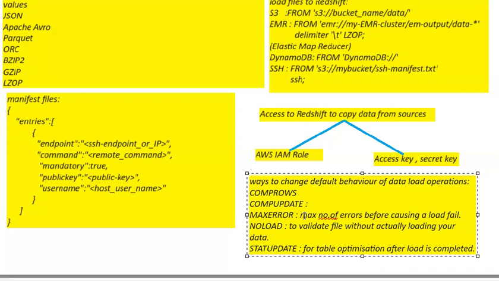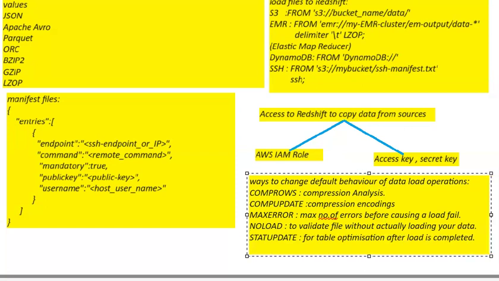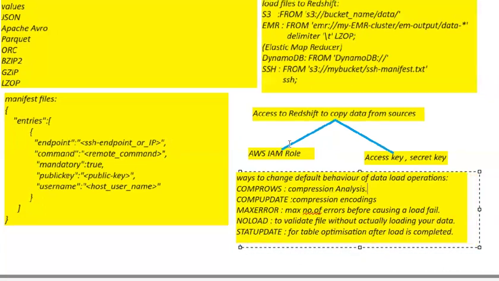You use it for compression encoding. And when do you use COMPROWS? You use this for compression analysis. So by using these, you can change the behavior of your load operations. So this is all about copy.